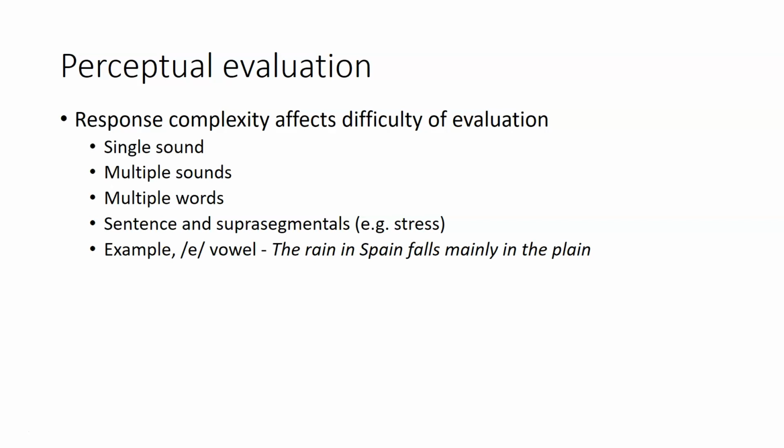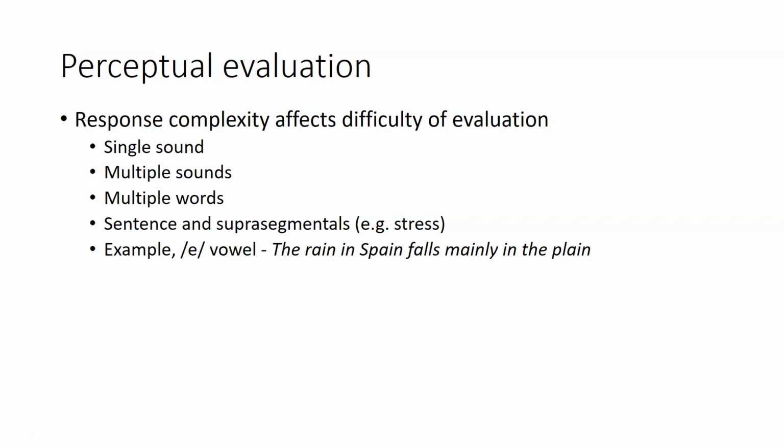From the clinician side, the complexity of the response that you're evaluating can affect how easy it is to evaluate. So if somebody is producing just a single sound, you don't have to pay attention to a lot to be able to understand whether or not they produced it correctly, for example.